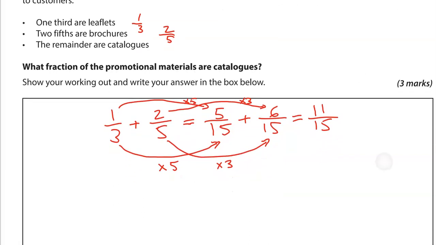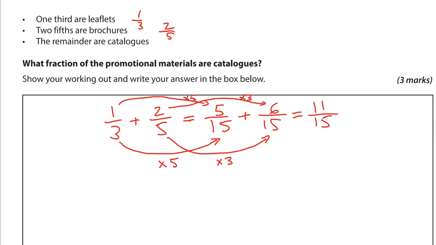So the whole thing, including leaflets, brochures and catalogues, that will be 15/15, which is equal to 1, a whole thing. So if I take away 11/15 from that, what I'm left with is 4/15. So 15 take away 11 gives me 4, so 4/15.